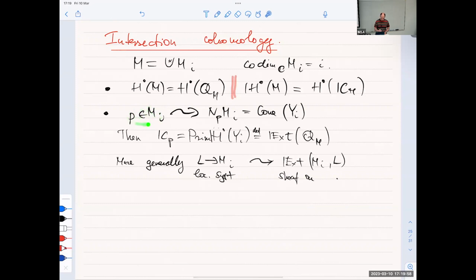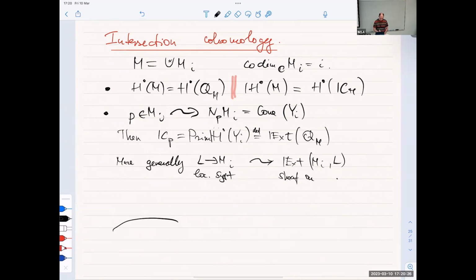Roughly, you have to study this fiber by fiber. What you do is take a point P in one of these strata, this M_i, and look at a neighborhood of the stratum. Okay, so you take just a disk around it, and the point is that it's going to be a cone over a projective, also possibly singular, variety, which I denote by Y_i. So the singularity looks like this.